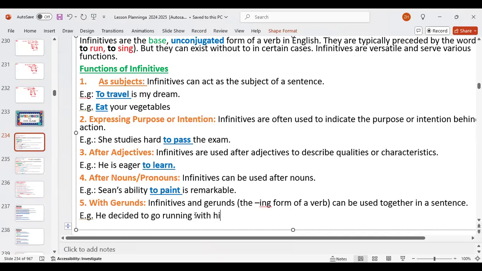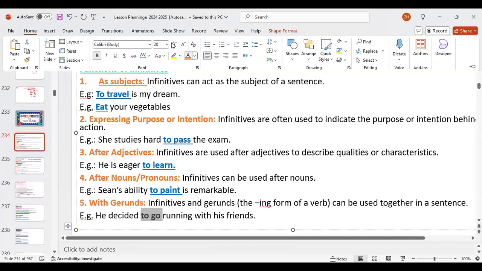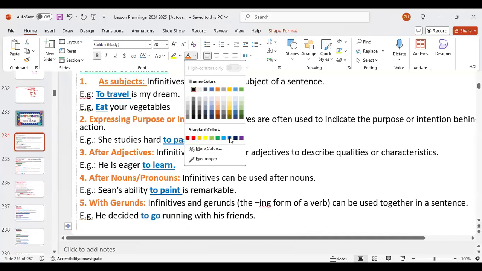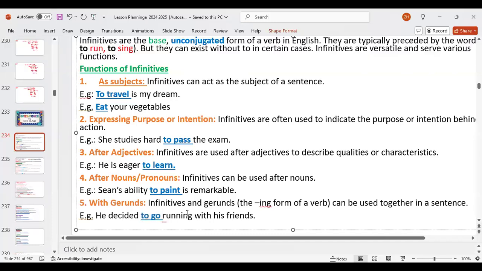With his what? With his friends. So I want you to put inside the chat a sentence where the infinitive is connected with a gerund. Mine says he decided to go running with his friends. What's the infinitive in this case? Go. Very good, go. So inside your sentence, I need you to give me an example where the infinitive is connected with a gerund.